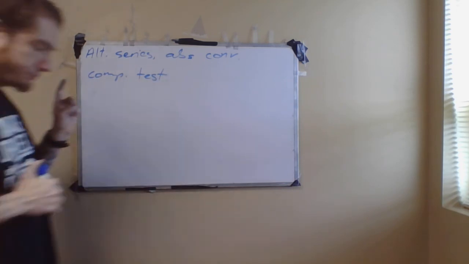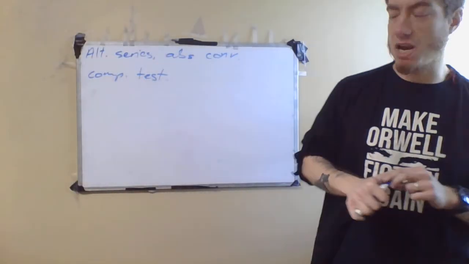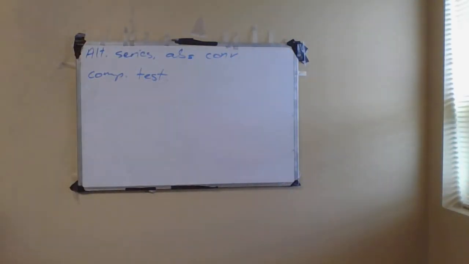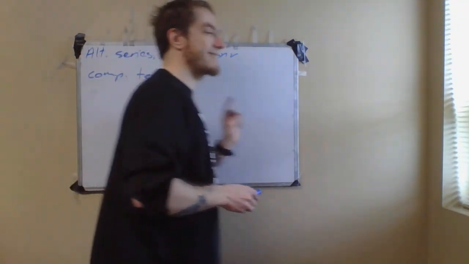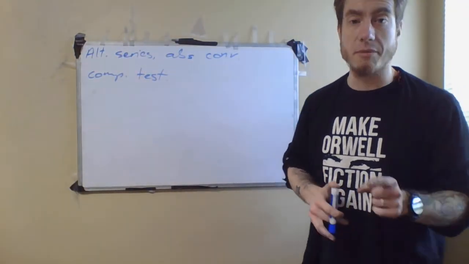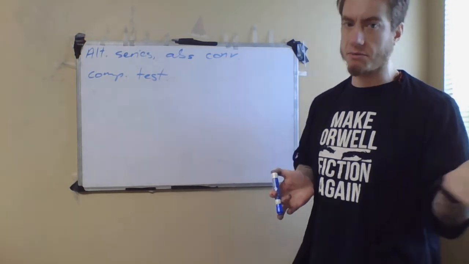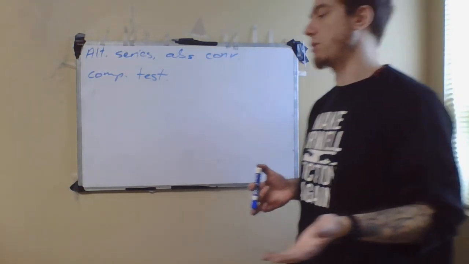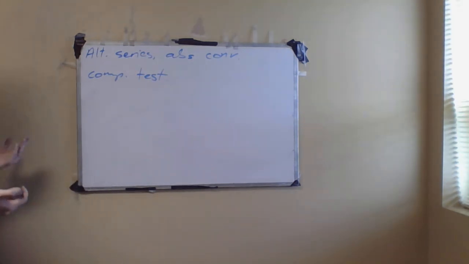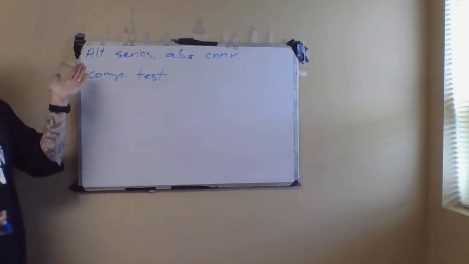Now, this gives us some nice new tools for dealing with series. However, like I said, the problem with the comparison test is that it's kind of limited. The alternating series test is also very limited because it only applies to alternating series. How often are you going to deal with an alternating series? Well, depends upon what you're doing, but not necessarily all that frequently.